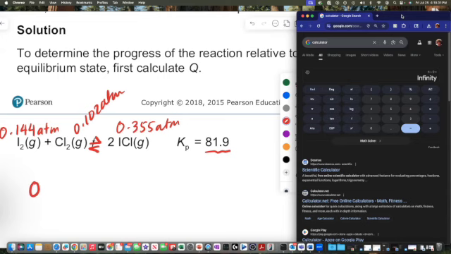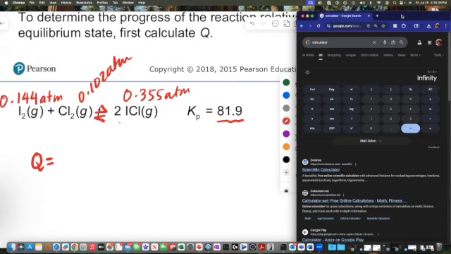So we'll find Q. Based on the balanced equation, Q is equal to the expression: ICl raised to the power 2, right? And since we have pressures here, I made this mistake yesterday where I put concentration.